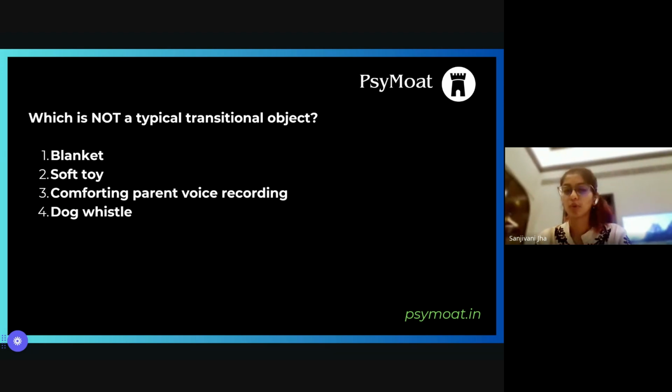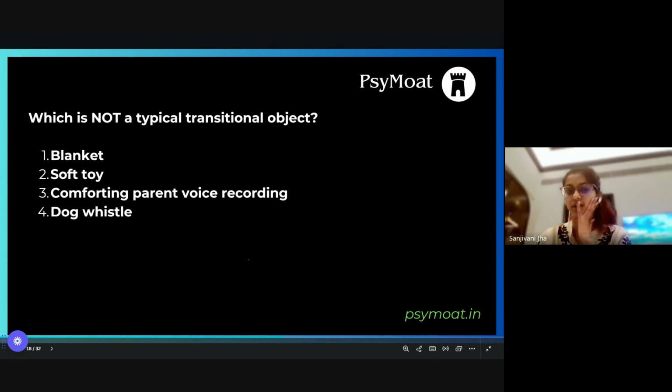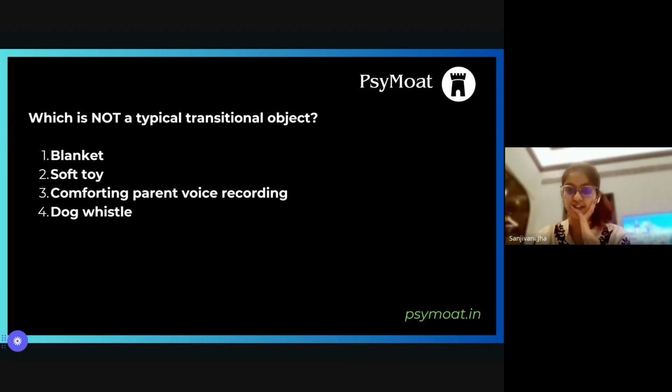What does this come under? Transitional object. Where do we talk about this? Under which domain, under which school of thought? Where do we talk about object relations? Psychodynamic object relations, yes.